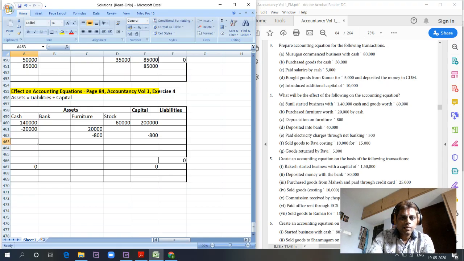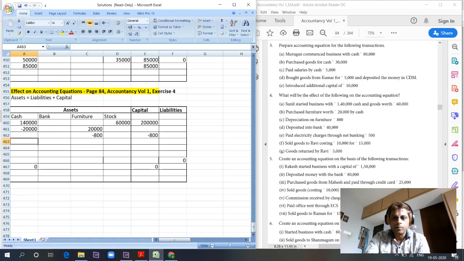Remember, the depreciation journal entry will credit the assets and debit the depreciation account. So debiting an expense account will reduce the profit. That is the reason we are reducing it from capital. And the furniture value is coming down, so we are reducing the furniture value by 800 rupees.